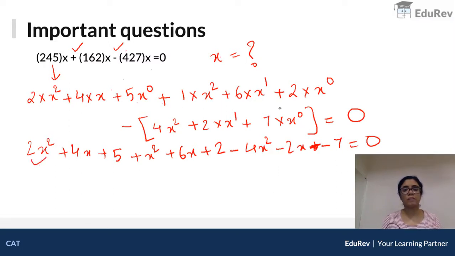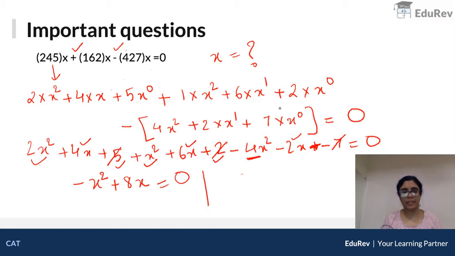So 2x square plus x square is 3x square. 3x square minus 4x square will give you minus x square. 4x plus 6x is 10x. 10x minus 2x is 8x. ठीक है? 5 plus 2 is 7. 7 minus 7 will give you 0. तो ये जो numerical value है, that will get eliminated. So this value is equal to 0.